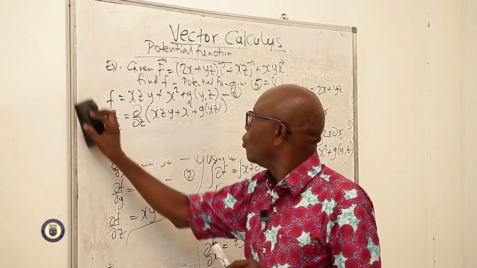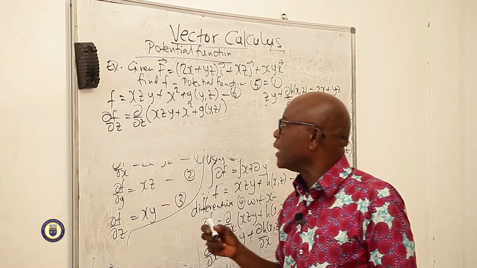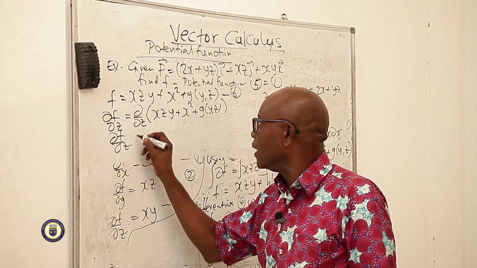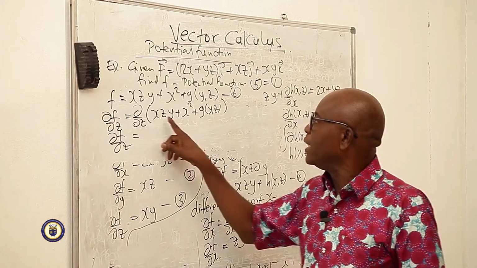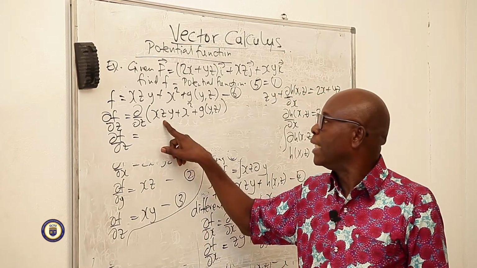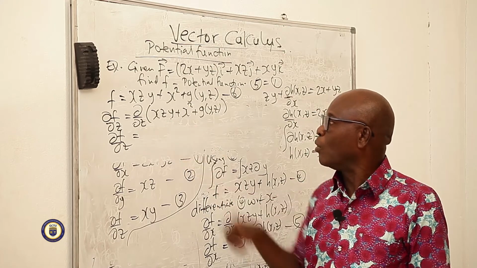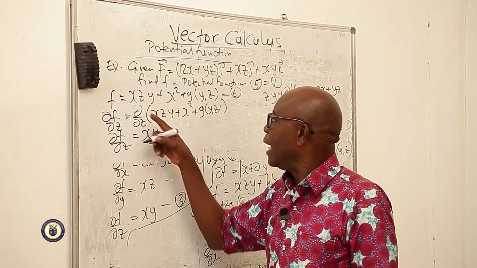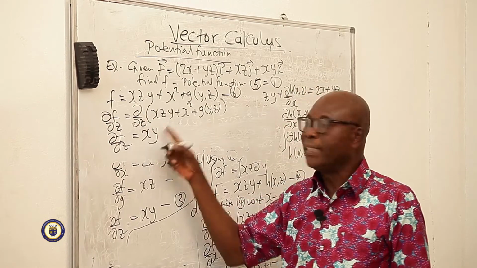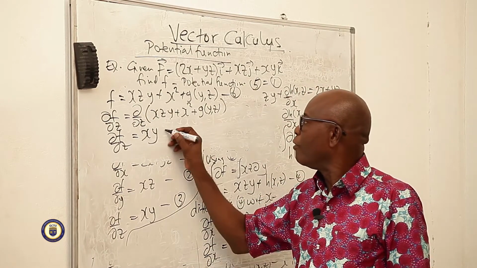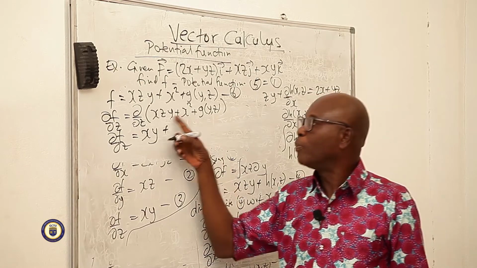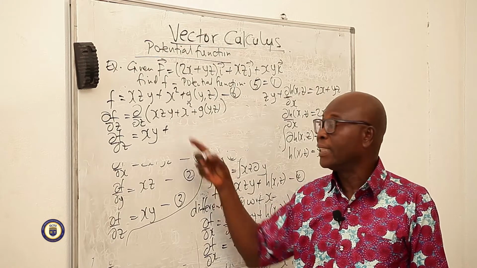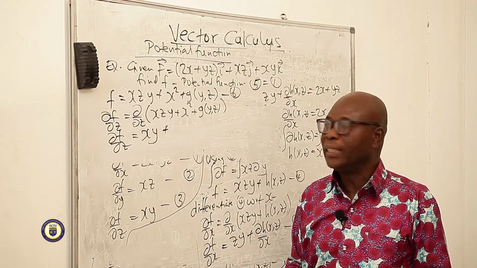And so when we differentiate this one, we have partial f, partial z, and that one will be, if you differentiate this one with respect to z, it means that x and y are constants. And so we're going to have xy, and partial z will give us 1. Now, if you differentiate x squared with respect to z, because there's no z term, x squared is a constant. And if you differentiate a constant, you get 0.